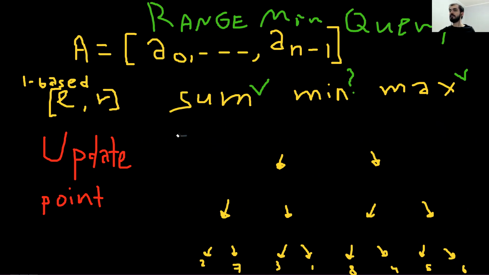There are no segments. Then we start building it from bottom to upwards. So the minimum here is 2, minimum here is 1, minimum here is 4, the minimum here is 5, 1, 4, 1.